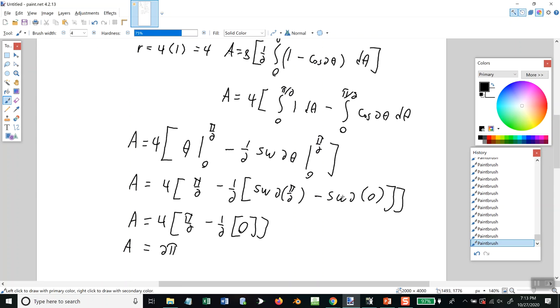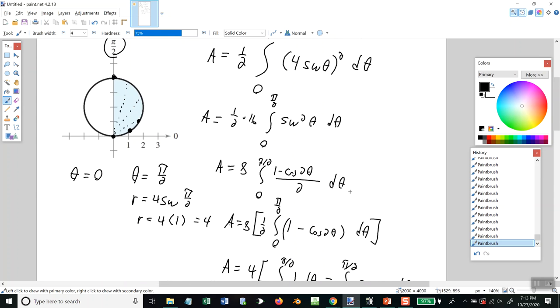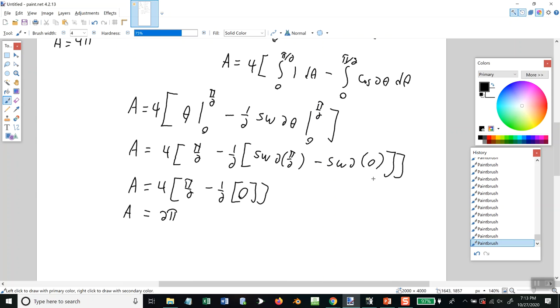This is a circle of radius 2. Area of a circle is pi r squared. So if I put in a radius of 2, 2 squared is 4 times pi is 4 pi. Half of the circle would be 2 pi.